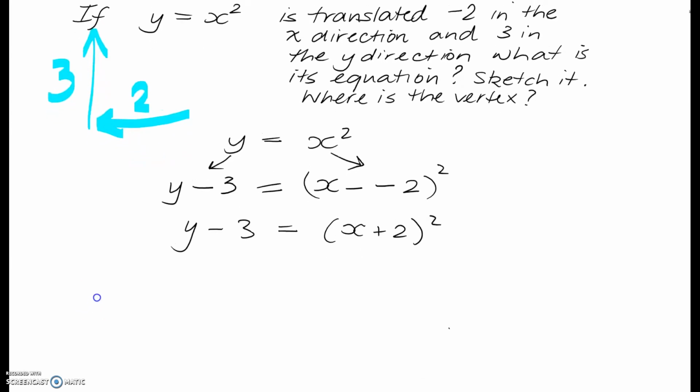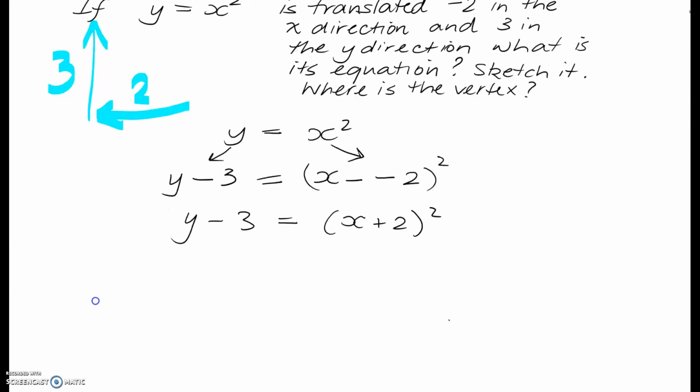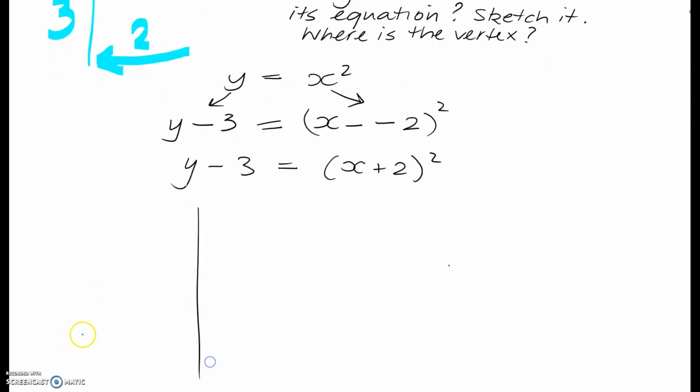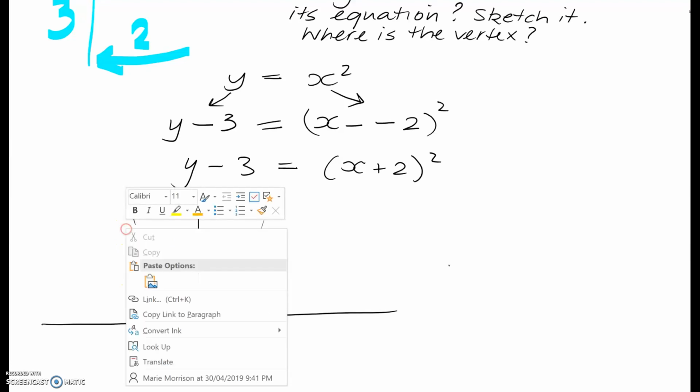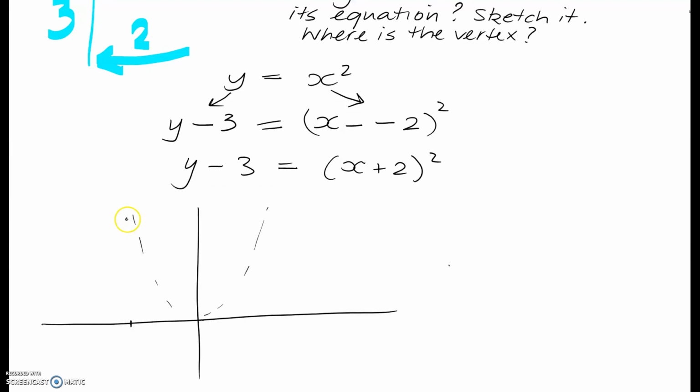Let's sketch it. We're picking it up from here. This is your normal y equals x squared one. And we've got to come back 2 and go up 3. So that's where my vertex is going to be now. It's not there anymore. It's moved.